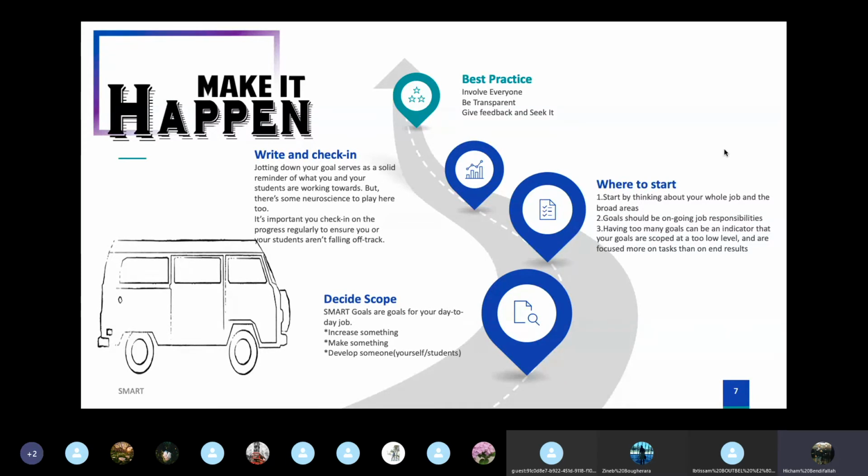Here's the first thing, here's how it goes. I need to decide the scope. Deciding the scope really means: where do I have to apply, or what do I want to do, which part of my job, what do I want to increase, what do I want to add in terms of the extent of the performance, what do I want to develop.